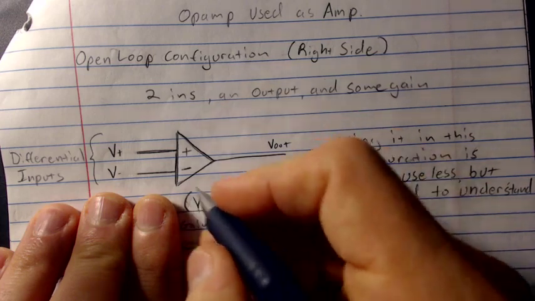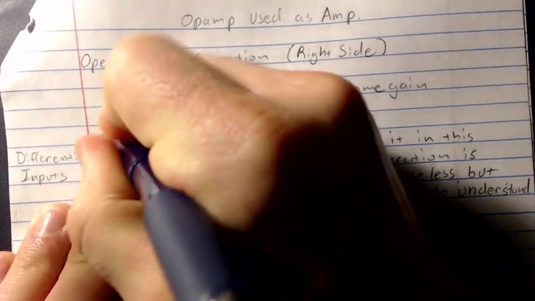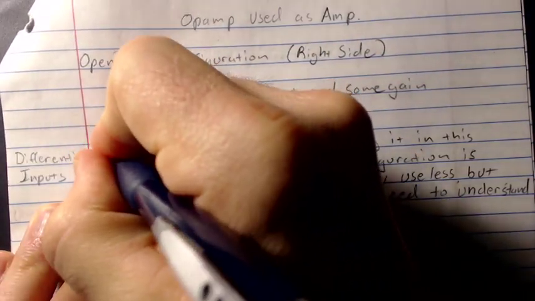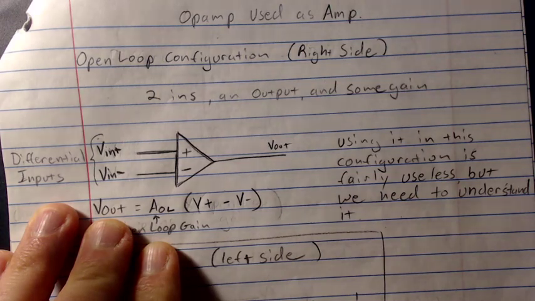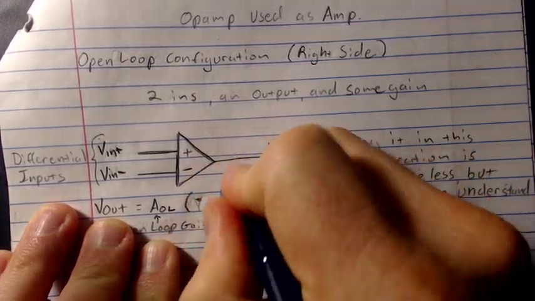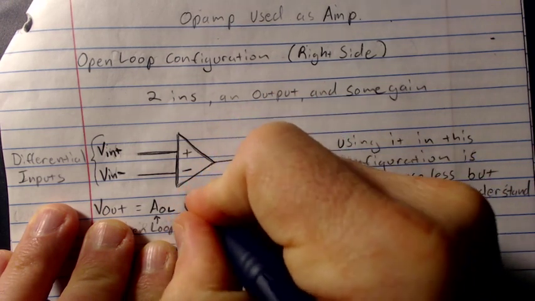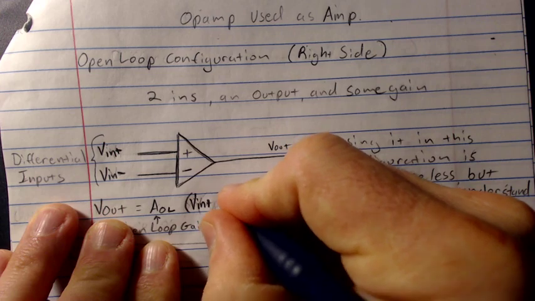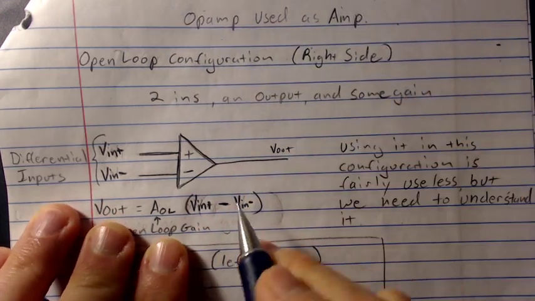V plus, and maybe let's do this: let's call this V in plus and V in minus. Then I'll rewrite that over here because it looks like we're adding. V in plus minus V in minus. Okay, don't get confused.